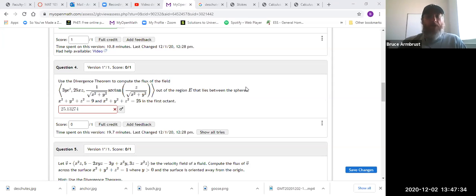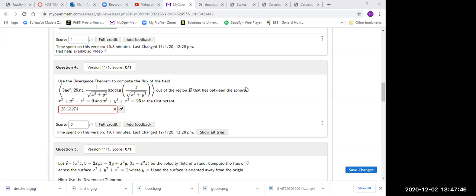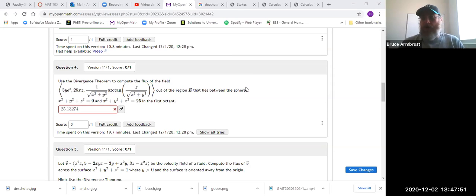All right, so let's get the divergence. What's the divergence of this? How do you calculate divergence? It's the partial derivatives of each component. So we're just going to take the partials with respect to x, then y, then z, and add them up. It's sort of like a dot product kind of thing. So before I go to the whiteboard, let's just look at this. The first one, the 3y e to the z, its derivative with respect to x is going to be 0.